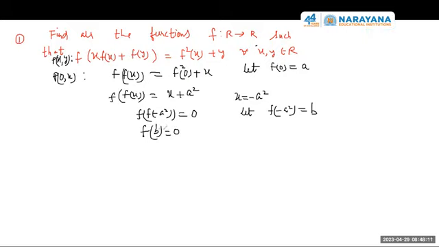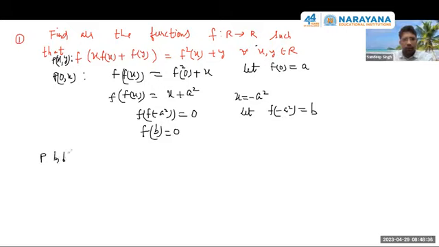What further can I do? I can start putting values over there. P of what shall I find? P of b comma b will do. If you take b comma b, that is 0, so the value of b might come.